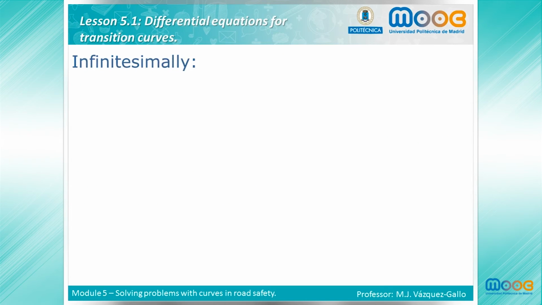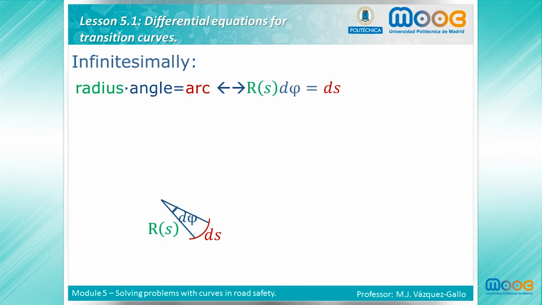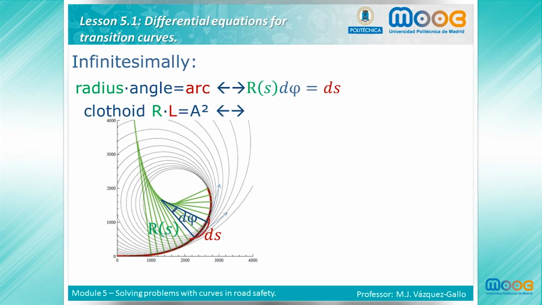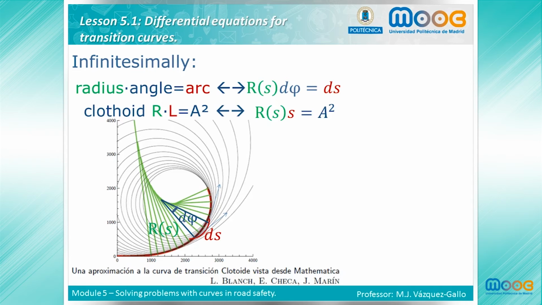At infinitesimal level, it holds for every curve that the radius of curvature times the angle is the arc length. On the other hand, for a clothoid, this radius times arc length is the constant a squared. From these two equations, one gets a differential equation giving us an expression for the curvature, that is, for the change of tangent direction or angle with respect to arc length.